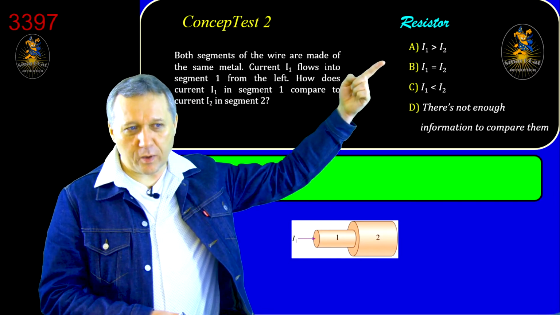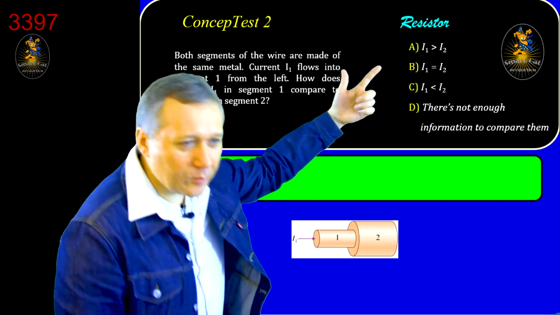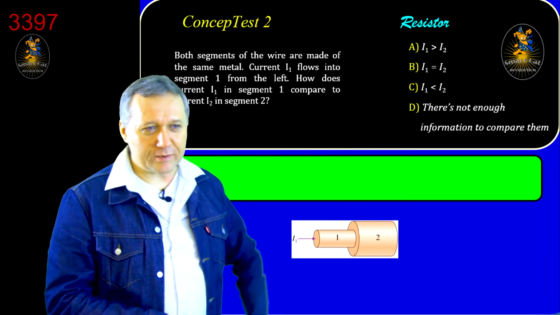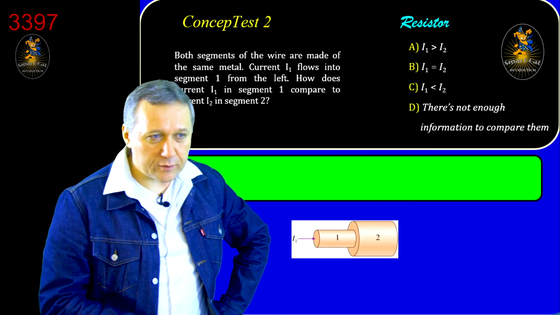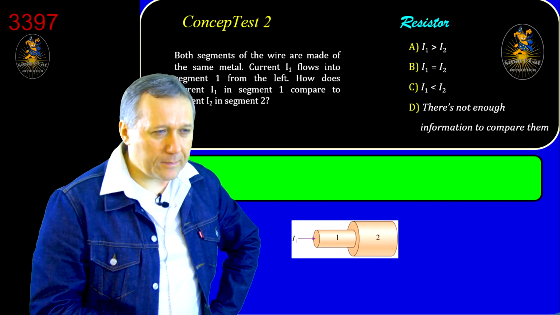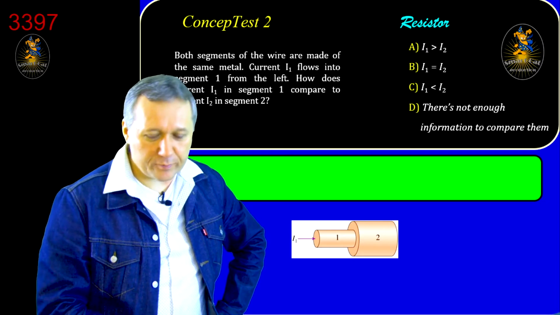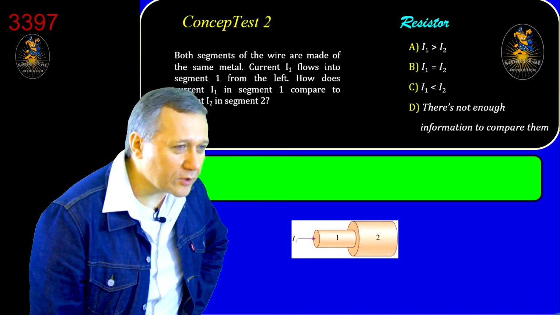You see, I1 is larger than I2. I1 is equal to I2. I1 is less than I2, and there is not enough information to compare these currents. So first, just compare currents in the first part of this conductor and the second part. Actually, in the question, it's called segment.